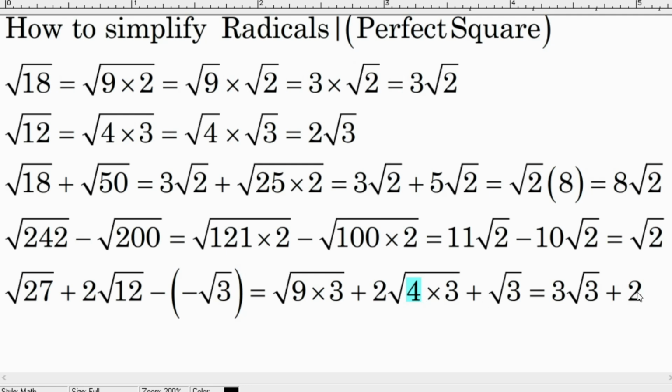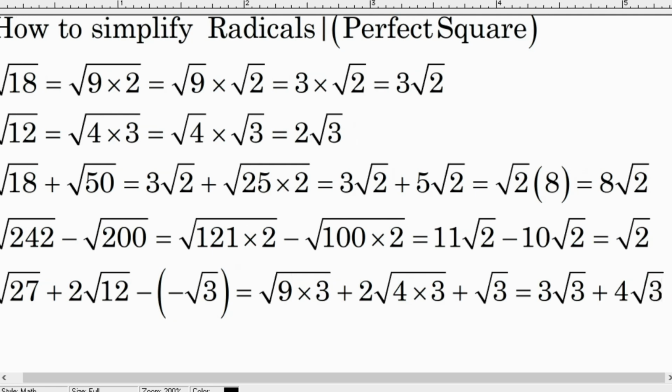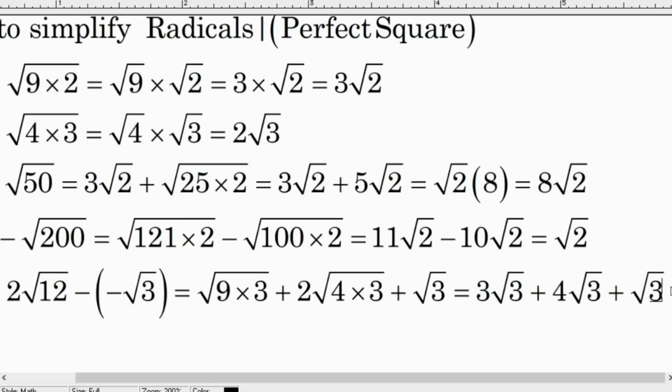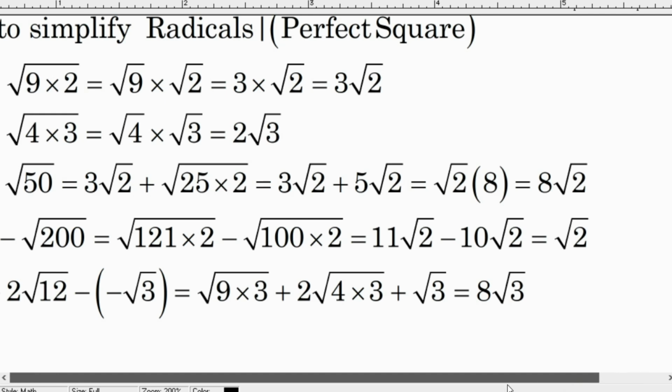So 2 times 2 here is equal to 4 square root of 3. Alright, so then plus square root of 3. Okay, so we have the same radicals, square root of 3 and square root of 3 here. So we add 3, 4 and 1. So that will be equal to 8 square root of 3. That is the answer, okay?